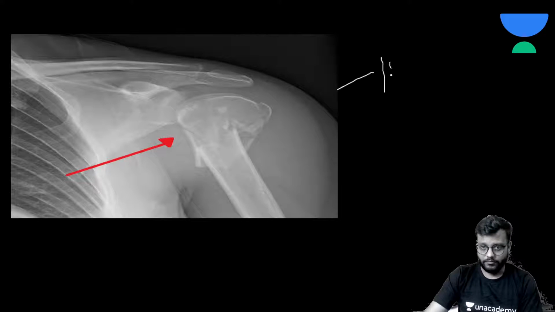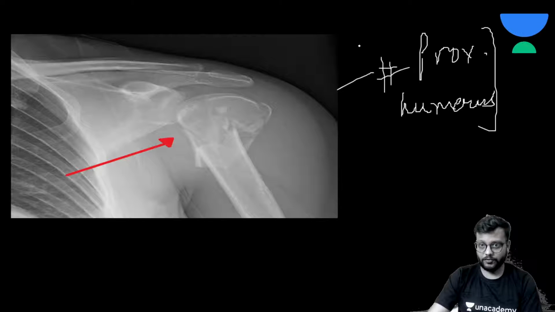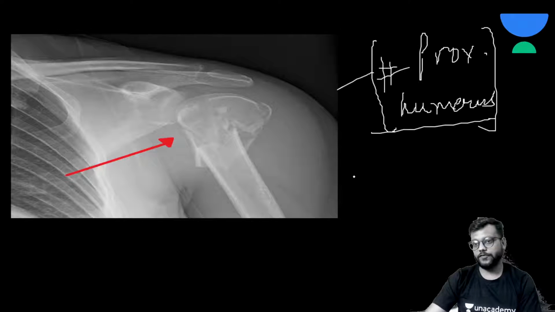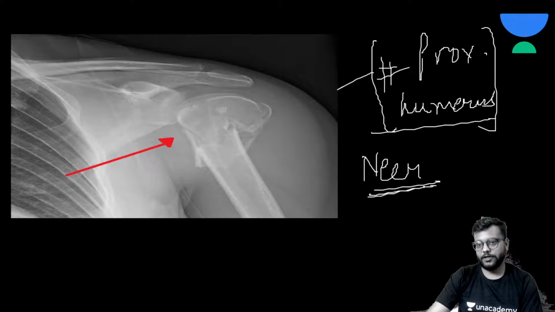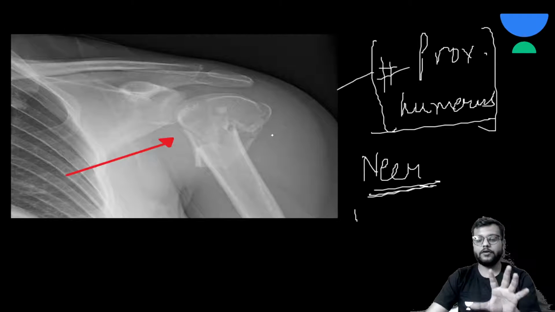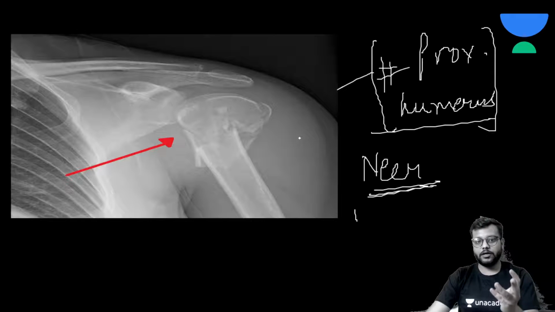This is fracture proximal humerus. Okay, and there was one important classification in the fracture of proximal humerus, and what was this? That was Neer classification, in which it was of 4 types. There are 4 major things. One is the greater tuberosity, the second is the lesser tuberosity.